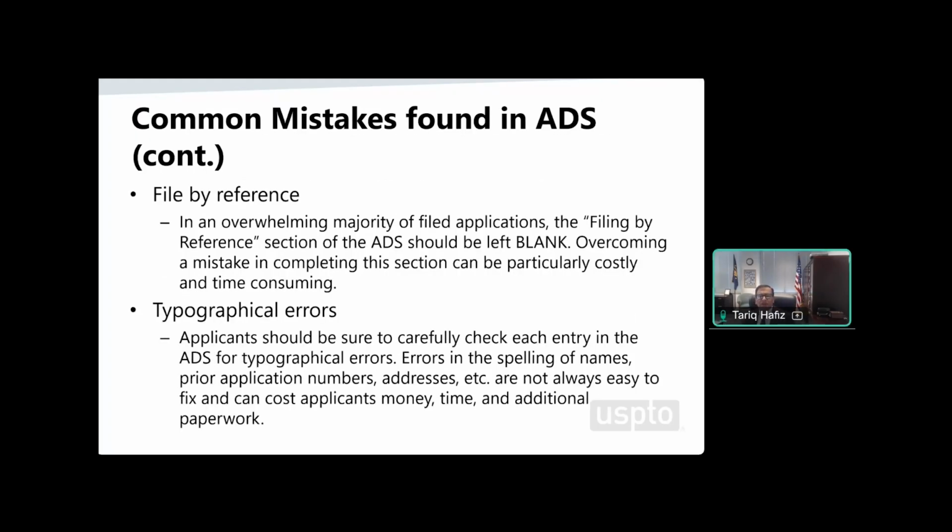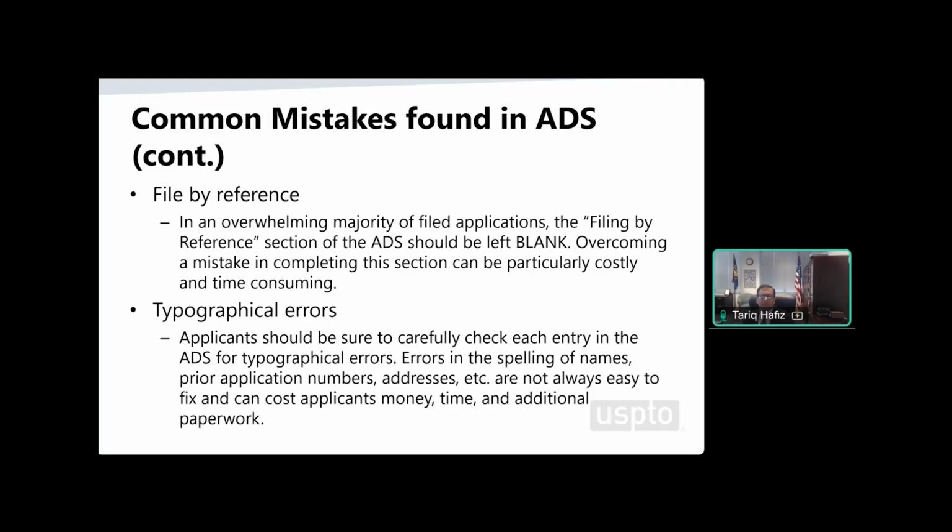Two more common errors are about filed by reference and typographical errors, like misspelling names. First, what is filed by reference? There's a section on page 2 of the ADS that asks if you want to file by reference. This is not for people to claim priority; there's a different location for that. It is also not used for any application that includes its own specification and drawings.